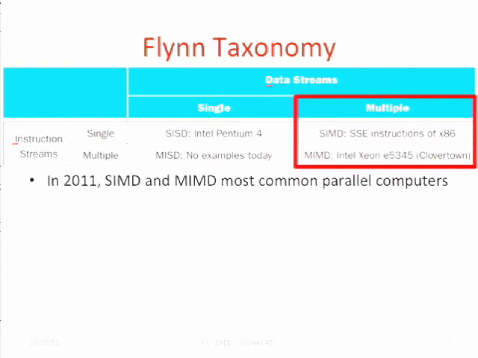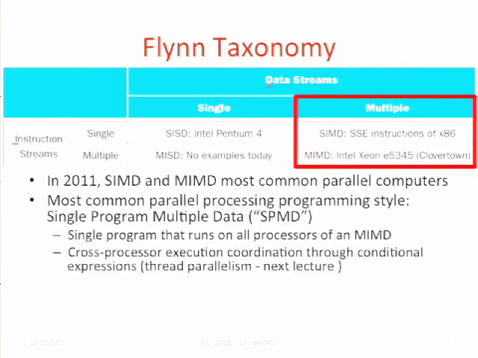There's also another taxonomy that we're not going to spend too much time talking about now. We might go back to it later in the semester. Flynn's taxonomy is about hardware. There's a similar one about software. The thing that's probably most relevant on the software side is SPMD, single program, multiple data.